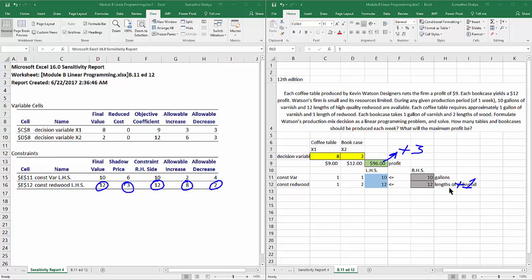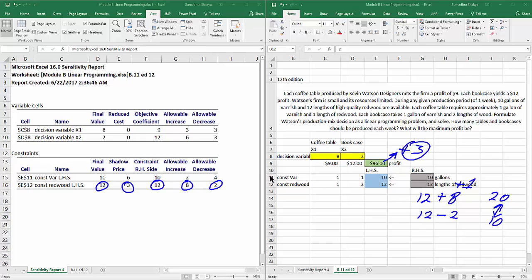Now we can continue doing this for 8 more lengths because allowable increase is 8. So the range is 12 plus 8 and 12 minus 2. 2 is coming from allowable decrease. Within this range of 20 lengths of redwood and 10 lengths of redwood, we can expect the profit to increment by $3 at a time for every 1 length of redwood added.